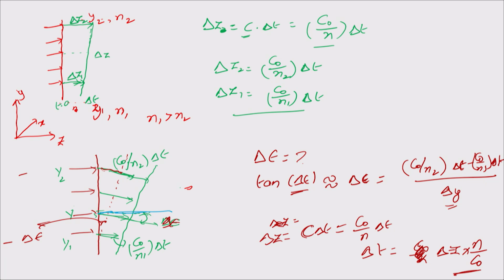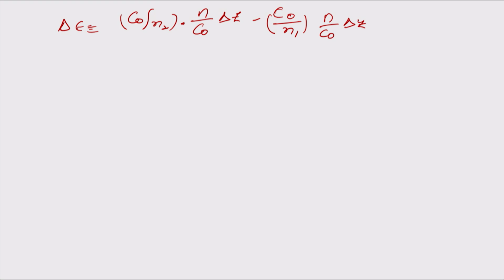Now if we put this delta t there and simplify the equation, we can write delta epsilon as c naught by n2 times n by c naught delta z, minus c naught by n1 times n by c naught delta z, over delta y.